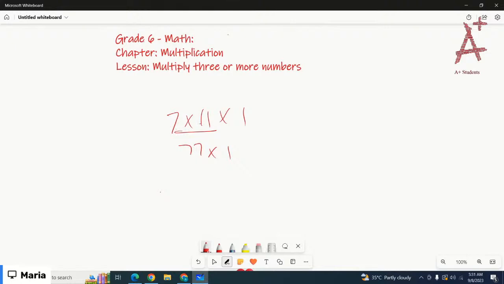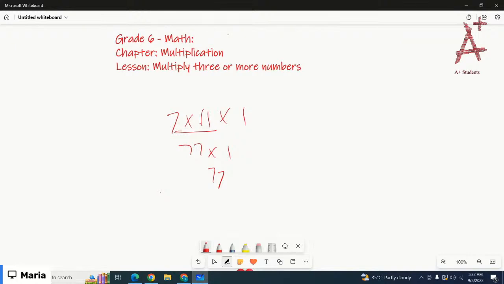You're done with multiplying these two numbers. You can multiply just with the last one. So 77 times 1 is 77. The basic concept is you make a group of two numbers, multiply them, and then in the last, when you are still left with two numbers, just multiply them and find the product, right?